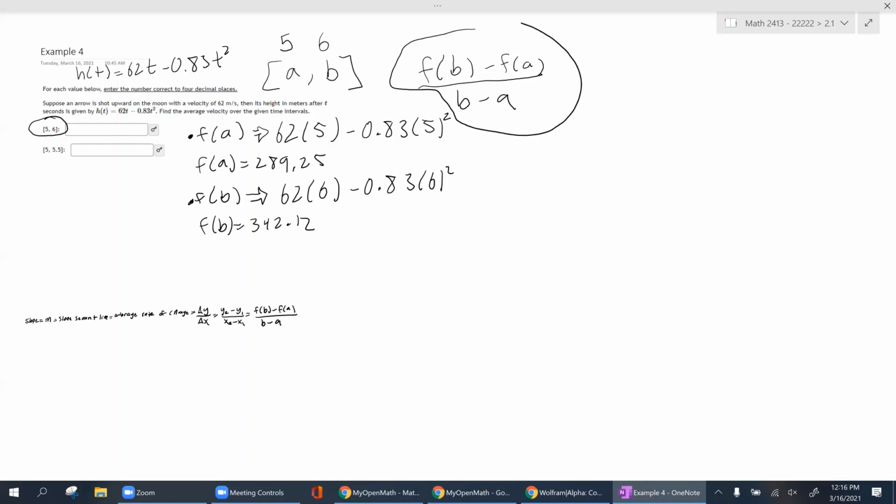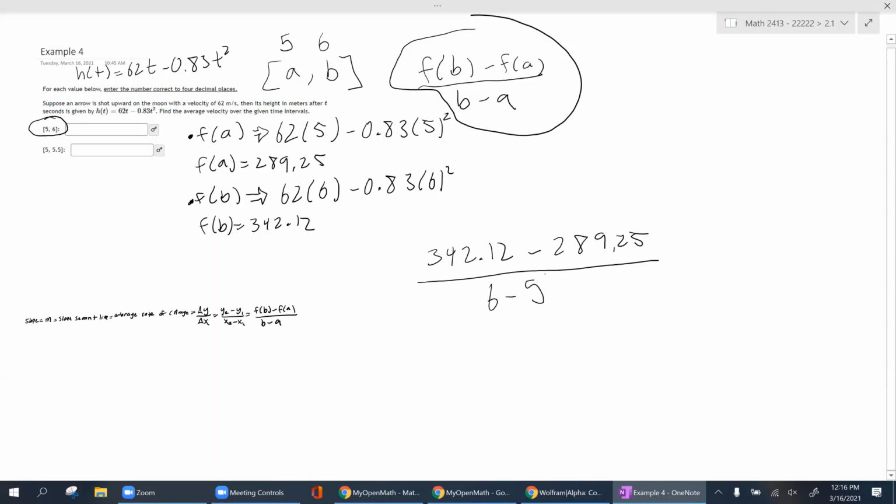Now that you have those, I'm going to plug it into that slope formula, which is f of B, which is 342.12, minus f of A, which is 289.25, all over B, which was 6, minus 5. Let's see what this gives me.